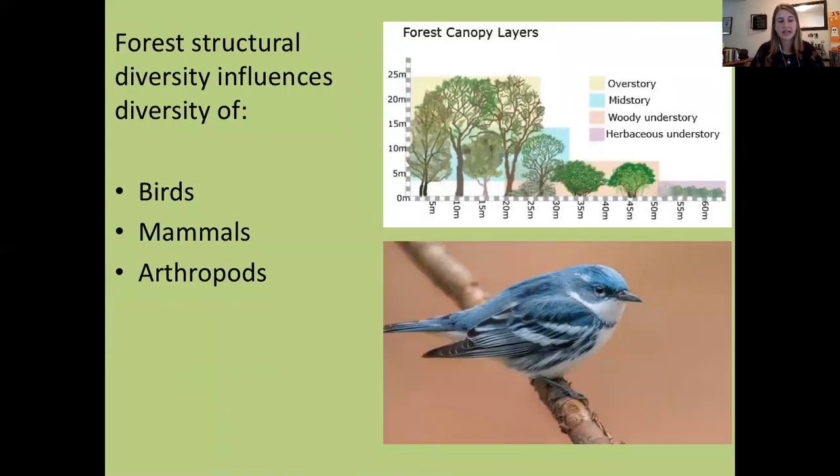So this heterogeneity of different levels of the forest is important for things like birds and mammals and arthropods. The birds and mammals use the cover for nesting and for foraging, and arthropods need a lot of different kinds of leaf litter as well as different places to reproduce. So it's really important to have these diverse forests, not just plantations.